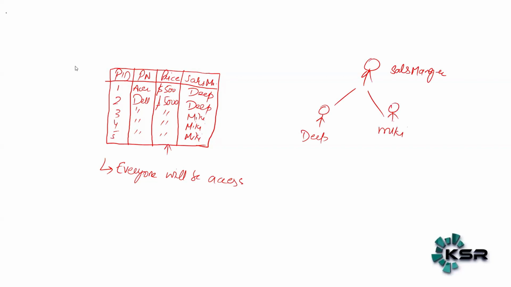So suppose these two guys are reporting to a sales manager. What we want to achieve is that when Deep opens the Power BI report, he sees only the rows related to him, these two rows. When Mickey opens the report, he sees only the rows related to him.